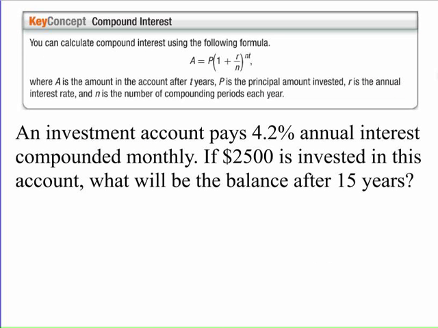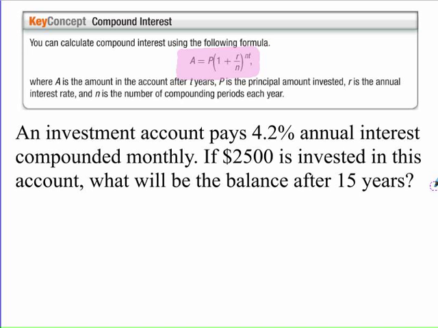This is compound interest. You need to get this formula down. Specifically, this one right here. Get that formula down. So now it says an investment account pays 4.2% annual interest, compounded monthly.